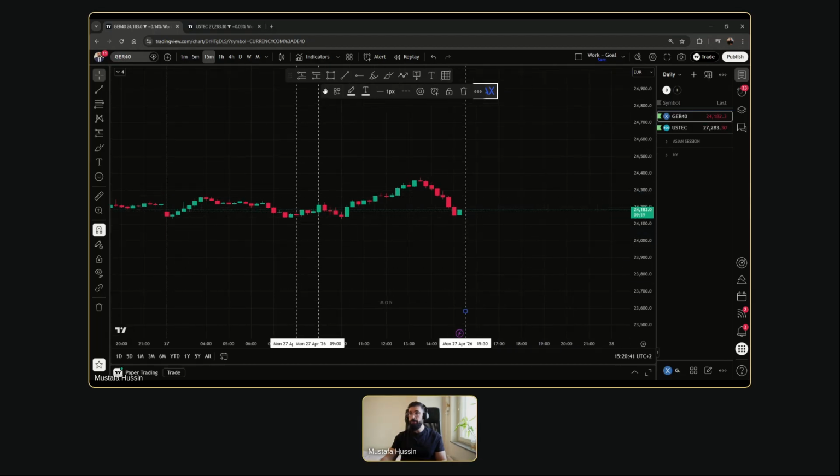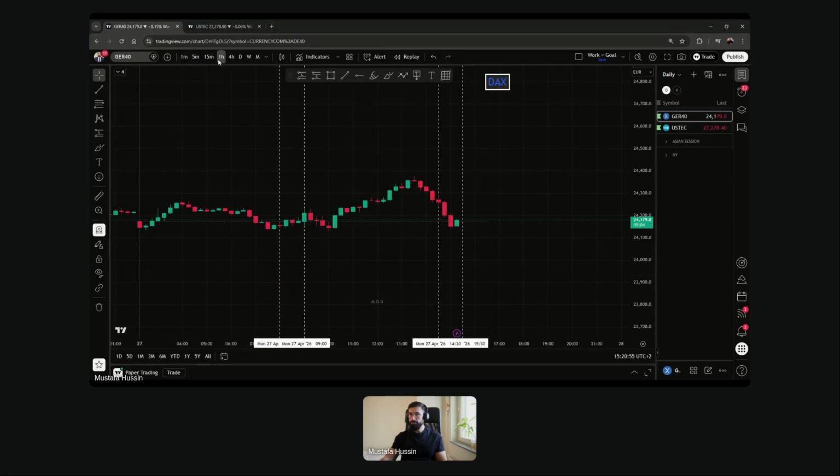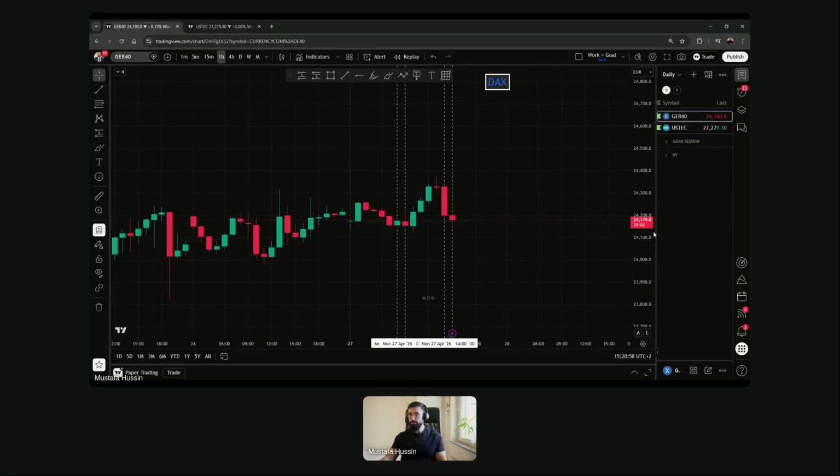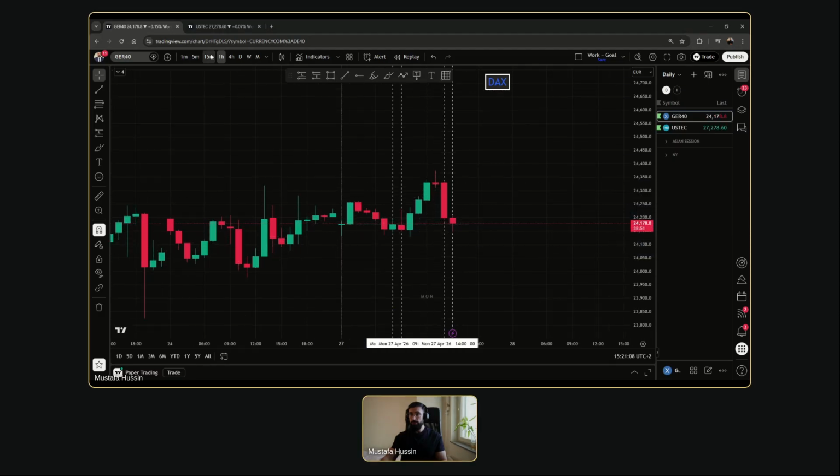So marking out the London Open. The market's about to open in 10 minutes, and I'm marking out the pre-London session open right here. I'm looking at the break of structure to the upside.